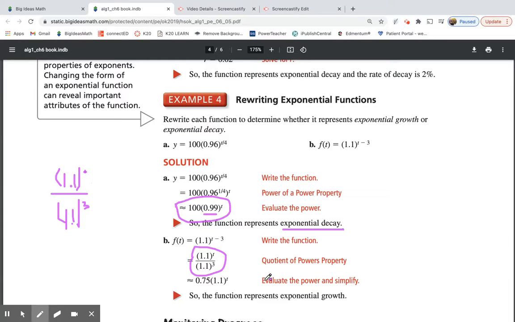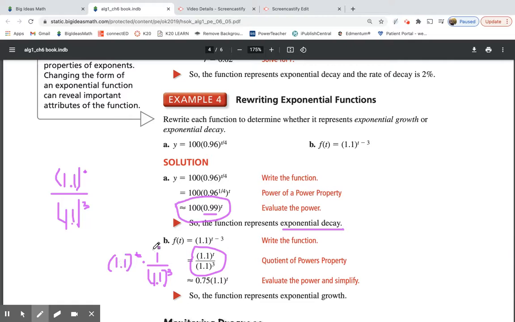Now we can look at solving this. We're going to leave the top alone, but we know for the bottom, that's the same thing as, if I were to separate them, 1.1 to the t power, because I want to explain how they got their answer, times 1 over 1.1 to the third power. That means the same thing, because they just took what was being multiplied, the 1.1 to the t power, and put it on top.